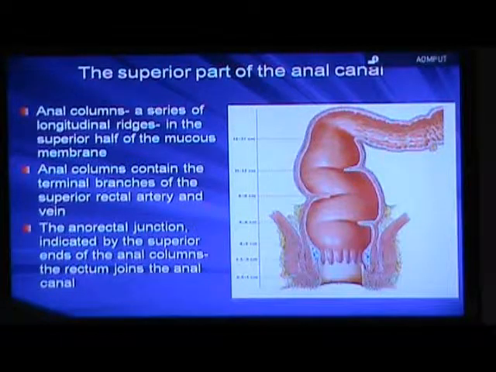The superior part of the anal canal is composed of the anal columns, a series of longitudinal ridges in the superior half of the mucous membrane. The anal columns contain the terminal branches of the superior rectal artery and vein. So look, the superior rectal artery is a branch from the inferior mesenteric artery.